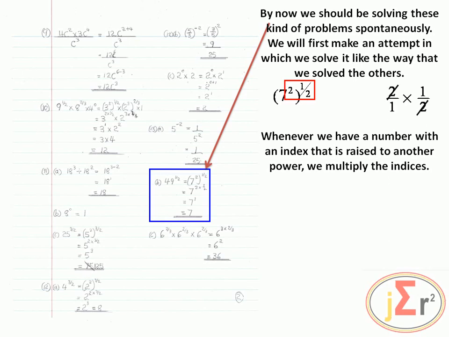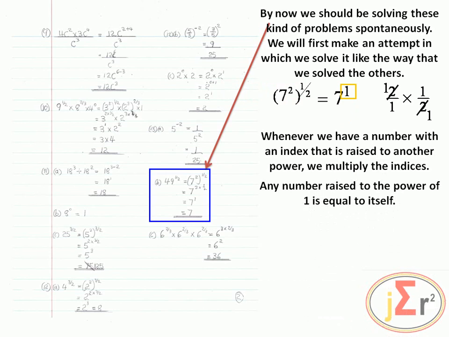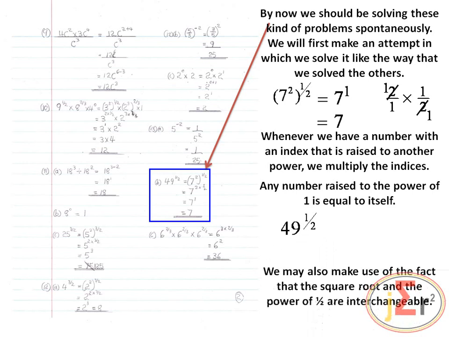So we have those 2's gone, reducing by a common factor of 2, and we have 7 to the power of 1, and any number raised to the power of 1 is equal to that same number. That's all there is to it. 49 to the power of a half. What do we do next?